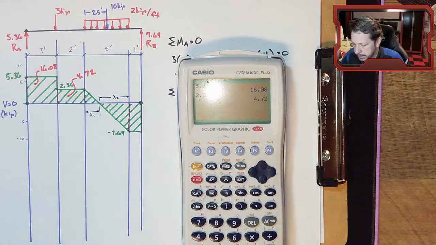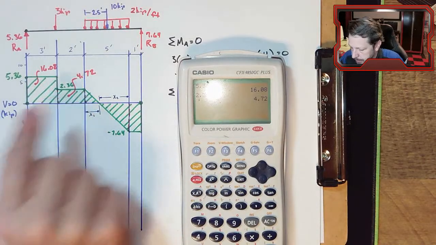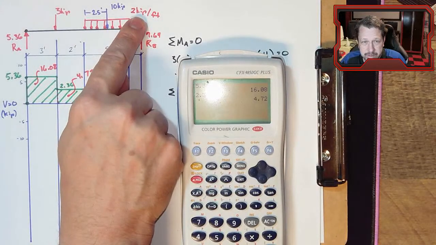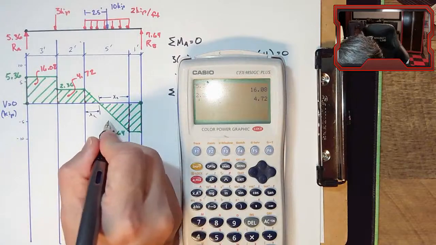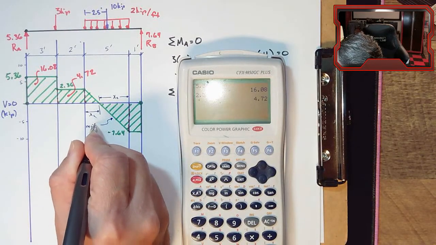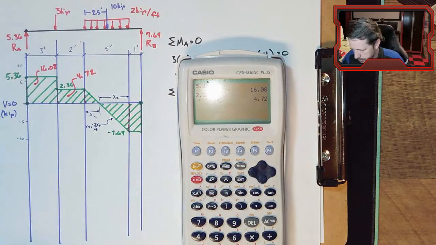All right, so how you do this is, if you know the height, the other thing you know is the slope of this line is negative, because it's pointing down, 2 kips per foot. So m equals negative 2 kips per foot.